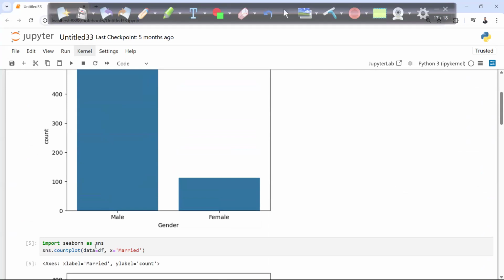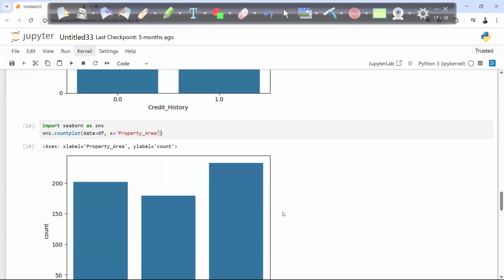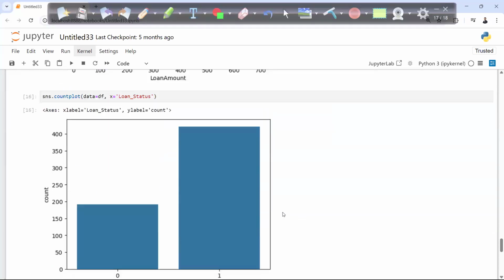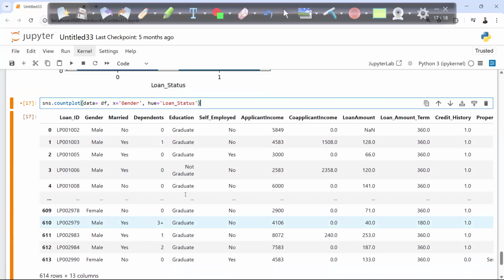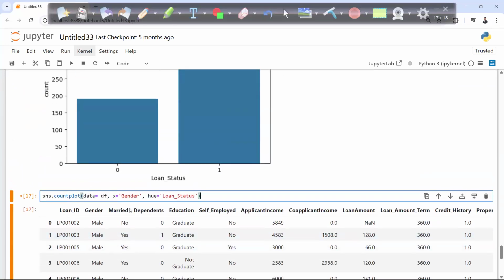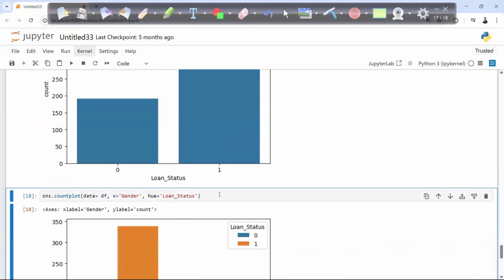The two bars will be male, those who are getting the loan, and female, those who are getting the loan. Same way, male, those who are not getting the loan, and female, those who are not getting the loan, right? So when I am adding the color in this particular chart based on the loan status, your gender will be broken down by loan status. Male getting the loan, male not getting the loan, female getting the loan, female not getting the loan.